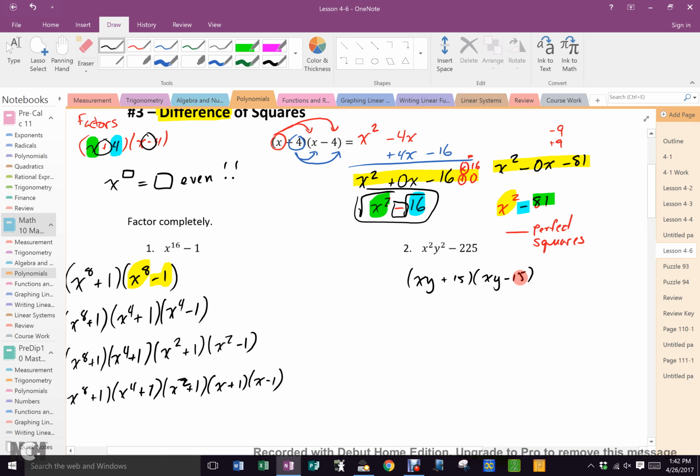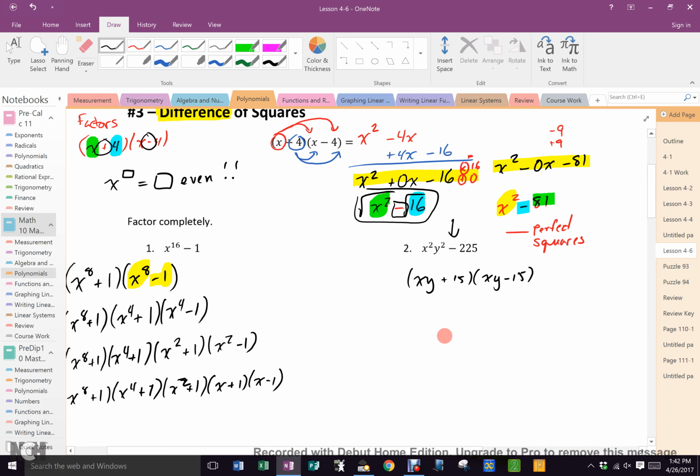Is 15 times 15, 225? Since these are the same with just the middle operation changed, doesn't that make the middle term drop out? Made it drop out here, made it drop out here. So there's no middle term here. Is everybody good? Do looks matter?